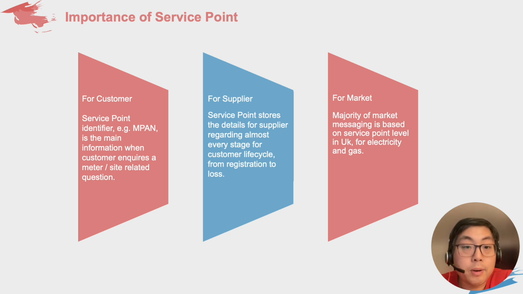And very often, if you have a dual fuel, you might have an MPAN for electricity and MPRN for gas. And this is the information an agent would require if you raise any question or query.